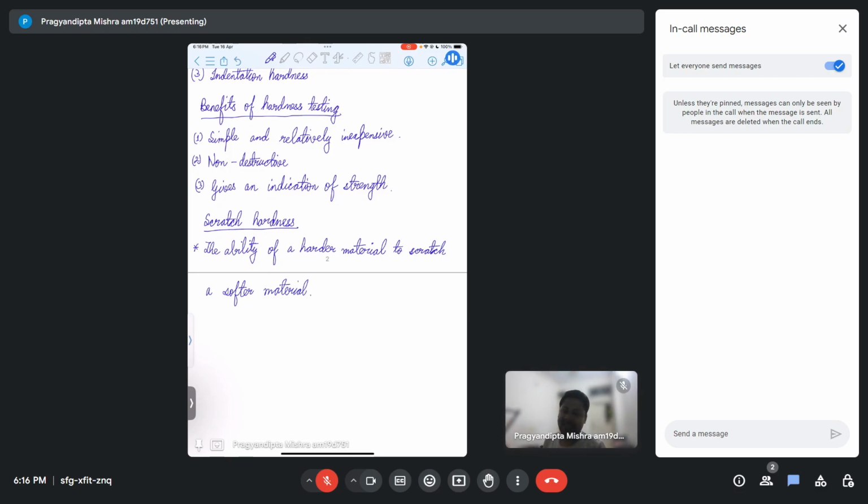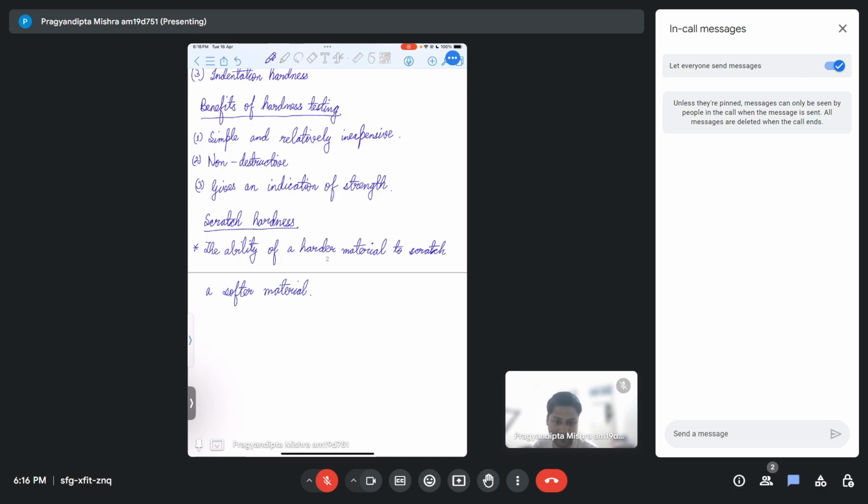So there is a scale known as Moh's scale, which goes from 1 to 10 and gives us an idea of how much is the scratch.